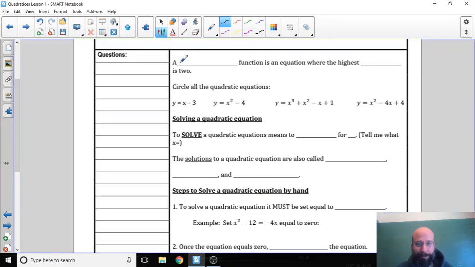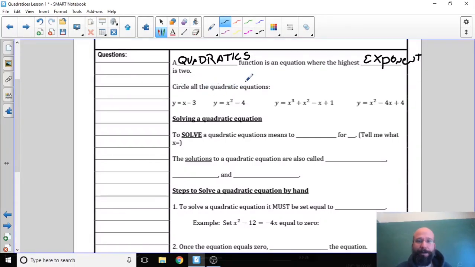This lesson is on quadratics. A quadratic function is an equation where the highest exponent is 2.